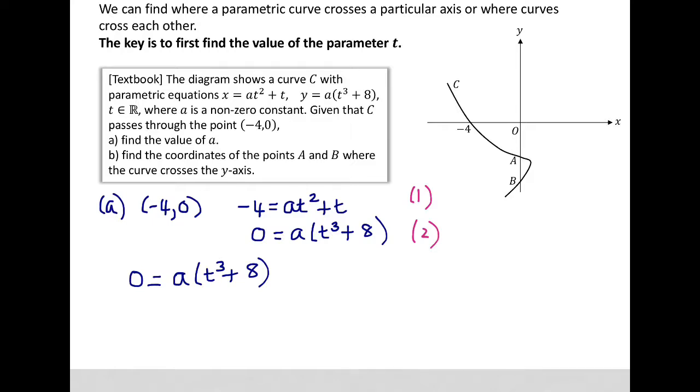It's when I divide by a variable like t that you will lose solutions, so we don't divide by that variable on both sides. But here, the a is a constant, it says that here, so I can divide both sides by a, and I end up with 0 equals t cubed plus 8.